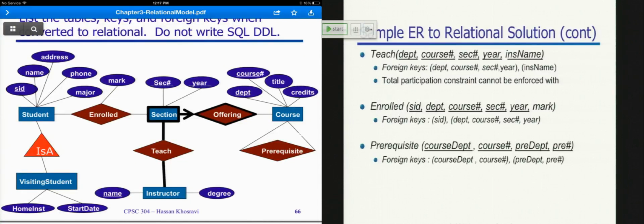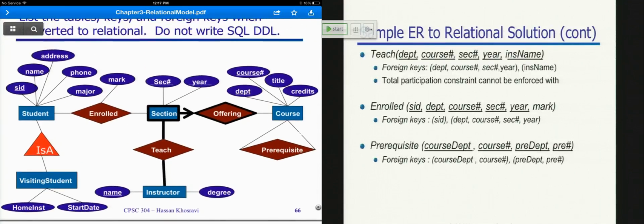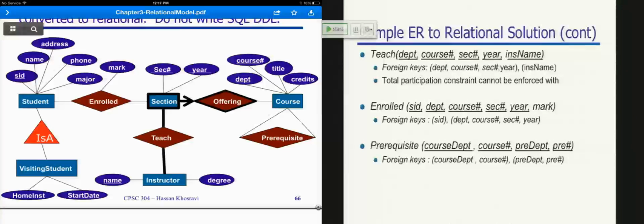Any questions? Okay, so this kind of question seems like a great midterm or final question. So make sure you feel comfortable taking an ER diagram and converting it into a logical design.